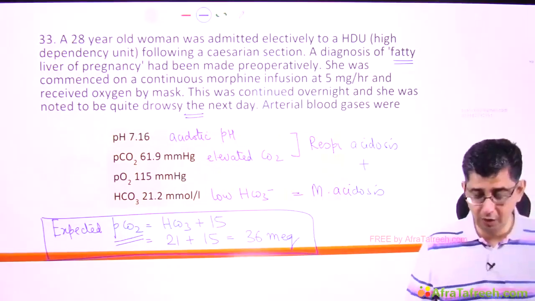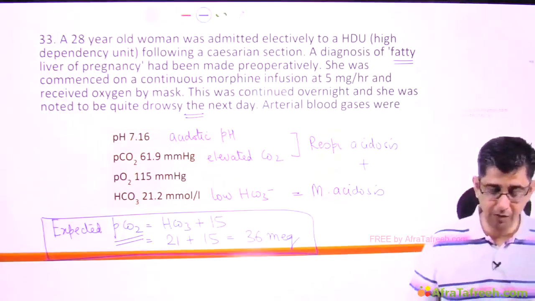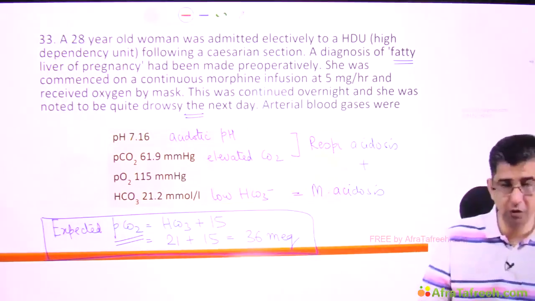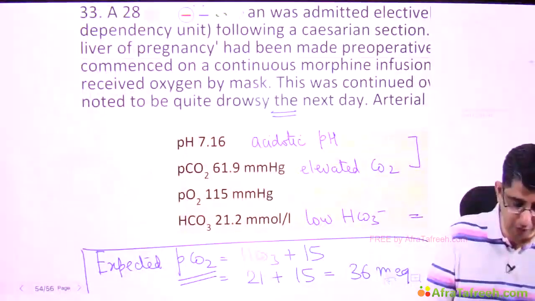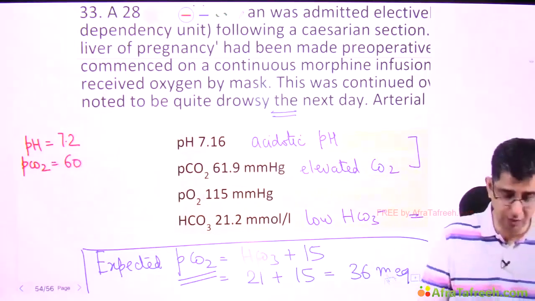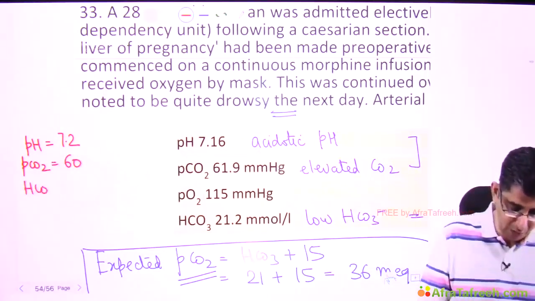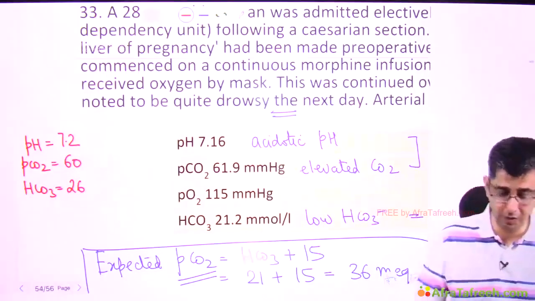Most of the questions that you will get on mixed disorders will be based on the kind of mathematical aspects I've highlighted before you. In case you're losing track of this, I'll highlight the core features once again so that you can get a knack of it. If you get a question in which pH is, let me say, less than 7.2, PCO2 is, for example, 60, so this is respiratory acidosis. Bicarbonate values are normal, that means it is uncompensated respiratory acidosis.